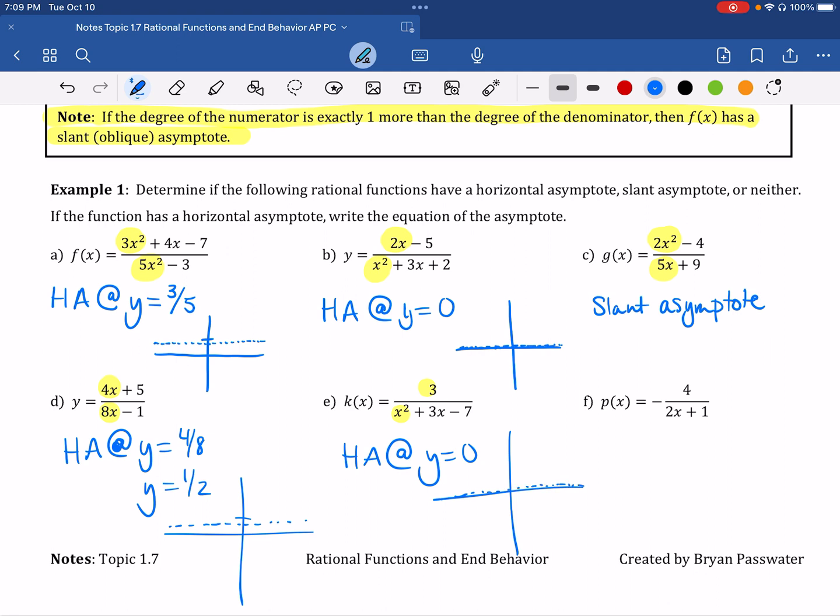I know it's a little more than y equals 0, but I want you to be able to see it. And then the same thing on this last one. The degree of the numerator is less than the degree of the denominator, and so I have a horizontal asymptote at y equals 0. Okay, next page.